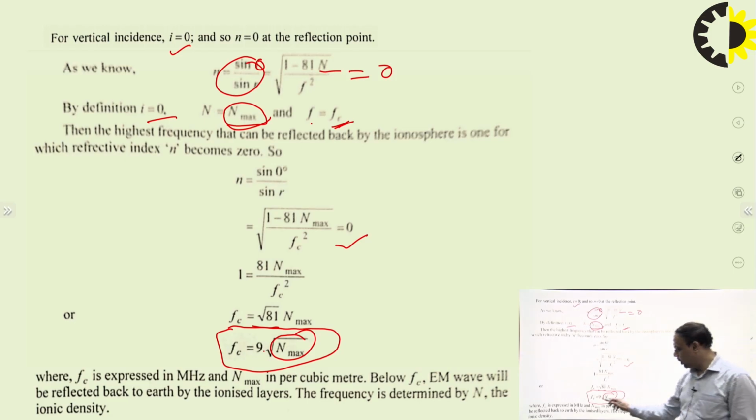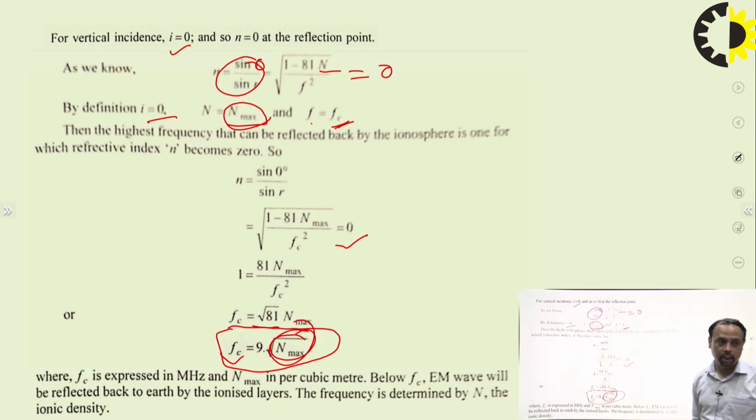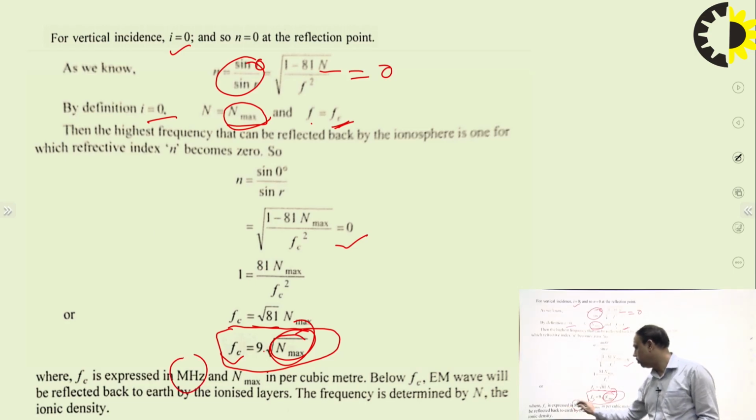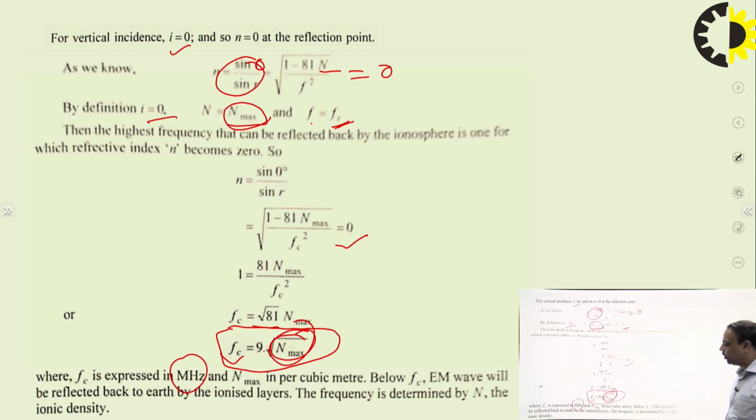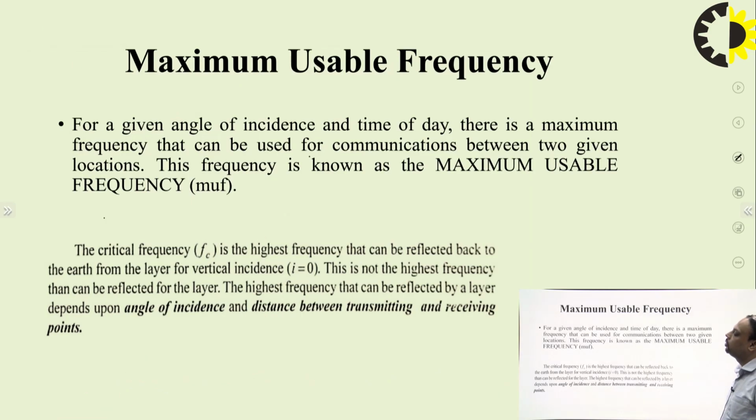So the maximum frequency that is reflected back when vertically incident is directly proportional to the number of electrons in that layer. Fc is represented in megahertz, and this is the formula for critical frequency. The other term is the maximum usable frequency. What is the maximum usable frequency?